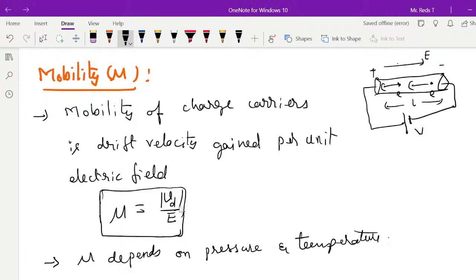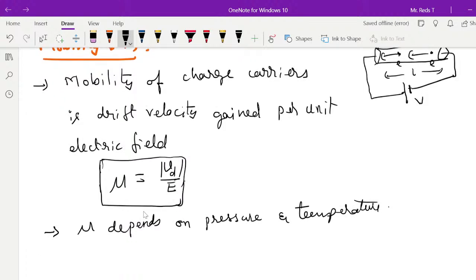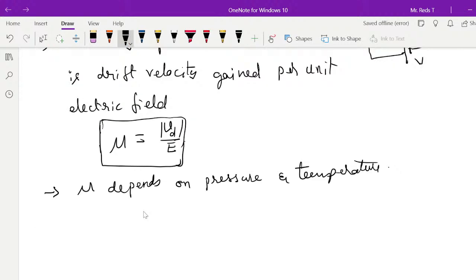So what are the units and dimensions of mobility? The SI unit of drift velocity divided by the SI unit of electric field will give you the SI unit of mobility.